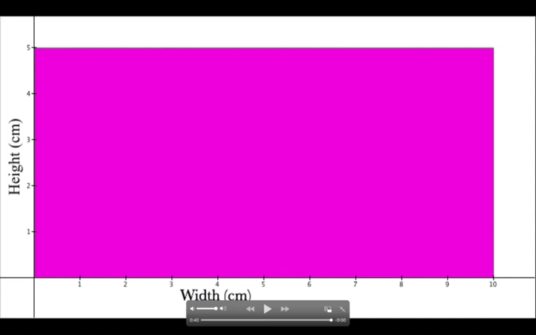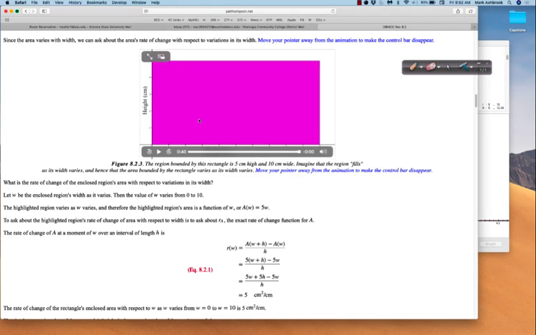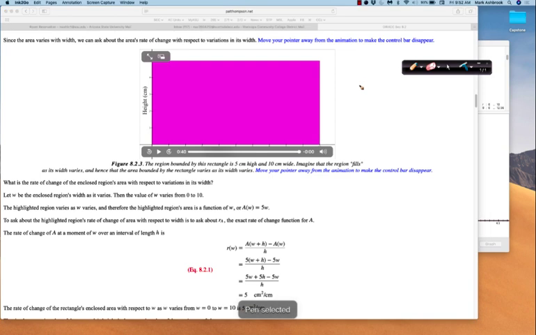It's the constant rate of change of area, which is what? 5, right? So it's like dA/dx. dA/dx, in this case, equals 5.